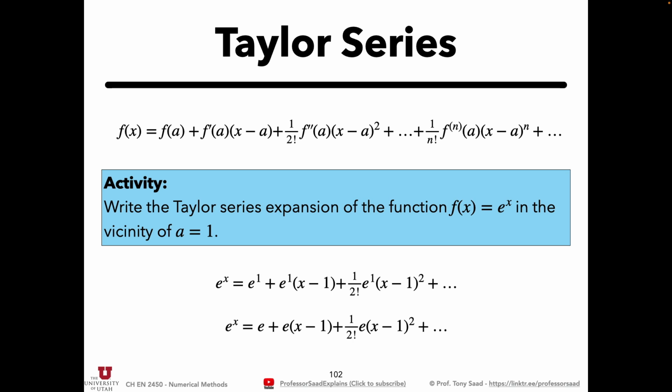This is the Taylor series of the exponential in the vicinity of 1. The other one was the Taylor series of the exponential in the vicinity of 0. So when we take this formula and try to calculate e to the x, and x is close to 1, we're going to get more accurate with this formula than the other one.